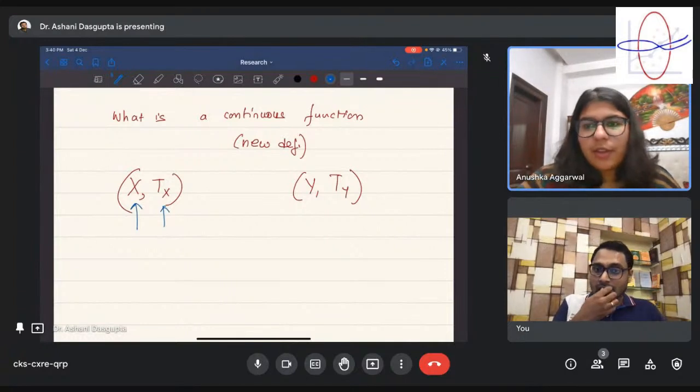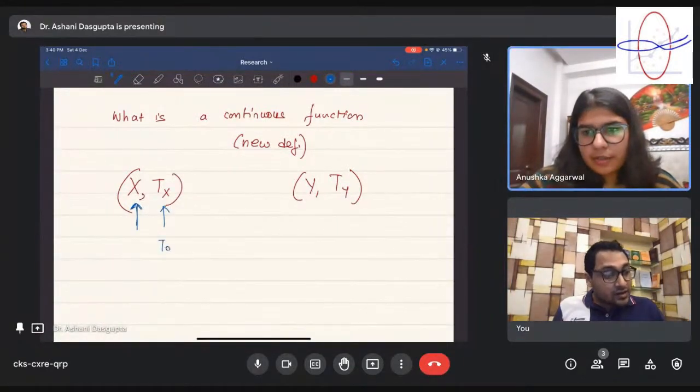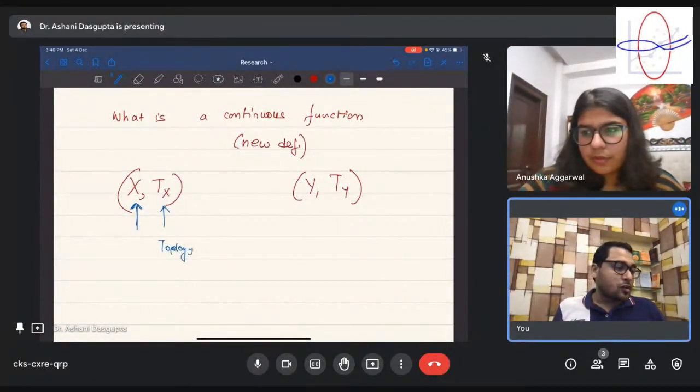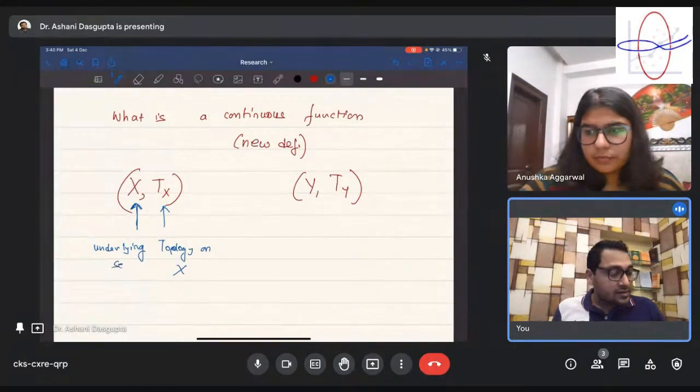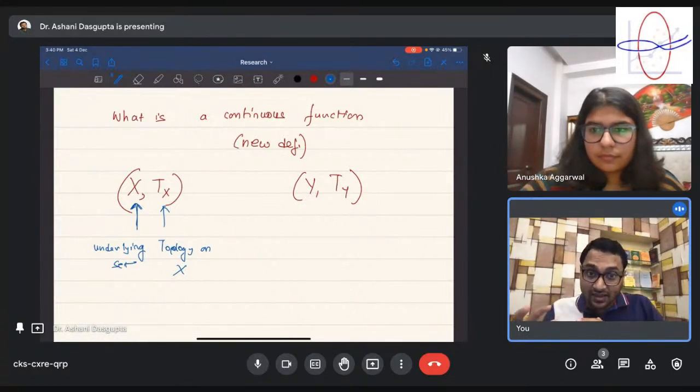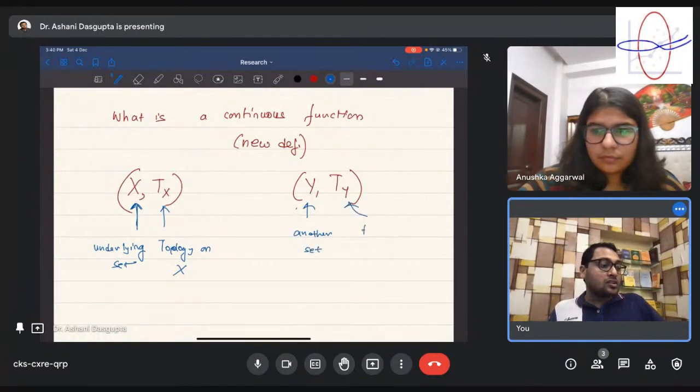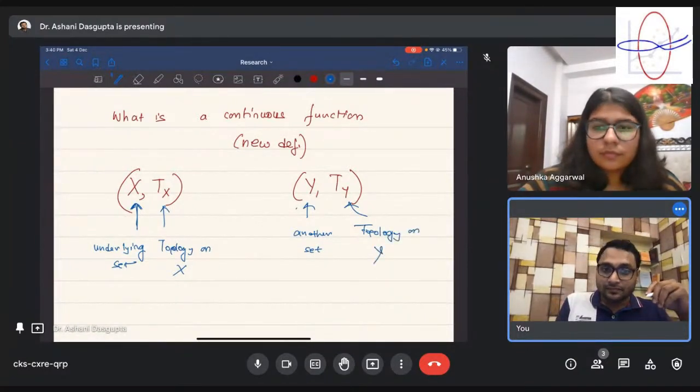Tx is the topology defined on X, and X is the underlying set, and Tx is a collection of subsets of X with those desired properties. Similarly, Y is another underlying set, and Ty is a topology on Y. So yeah, we understand what it is.